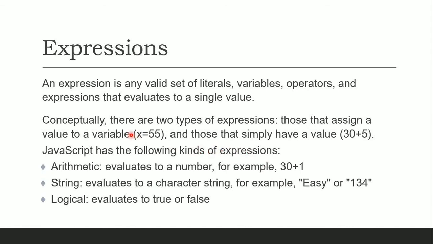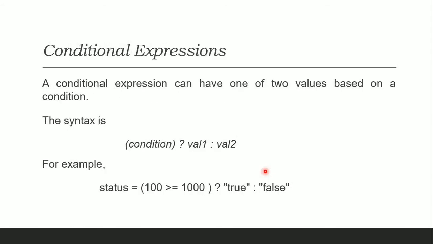So JavaScript has the following kinds of expressions. One, arithmetic, which evaluates to a number, for example, 30 plus 1. A string, which evaluates to a character string. And then logical, which evaluates to true or false.